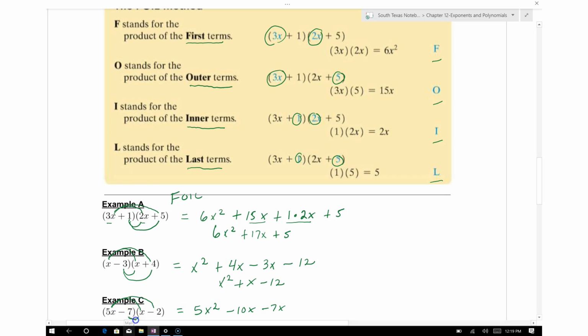And then negative 7 times negative 2, which gives you positive 14. You simplify, so you have 5x squared minus 10x minus 7x gives you negative 17x plus 14. And so these are all examples of the use of the FOIL method.